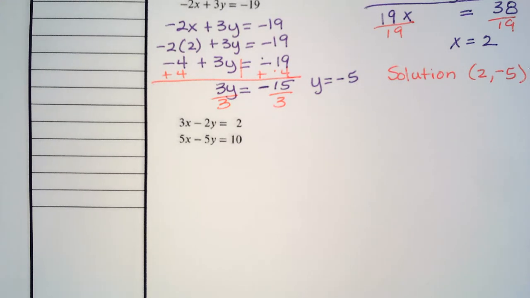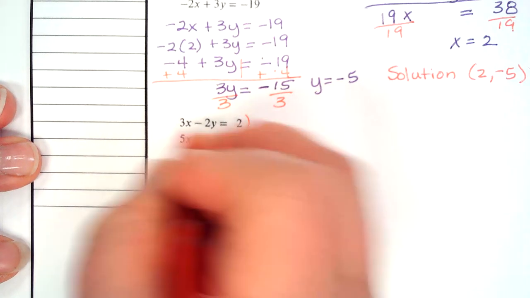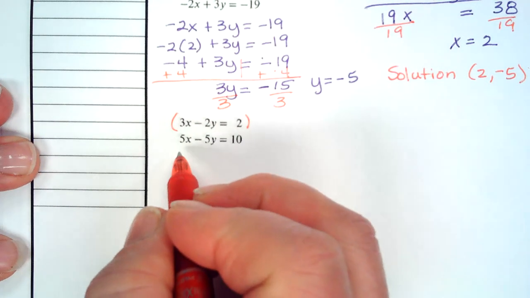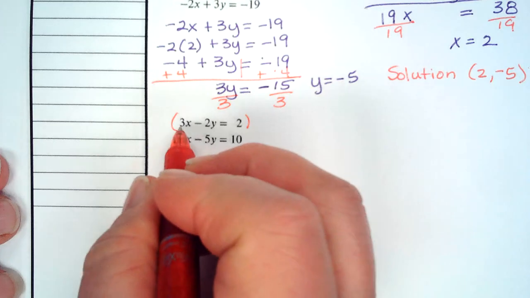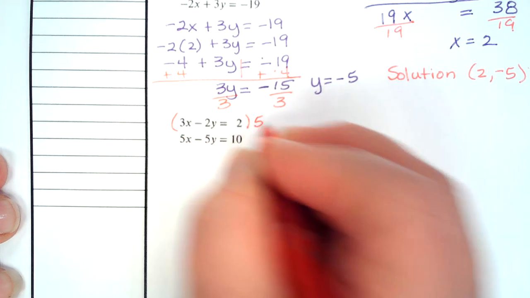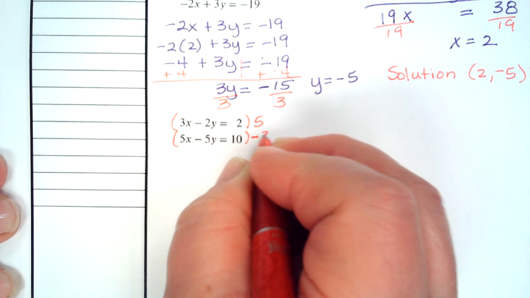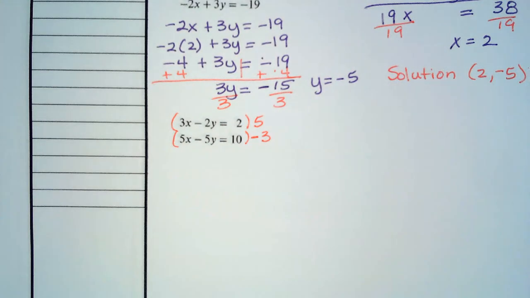I'm thinking that we will multiply, and since these are both positives, we will have to do a negative. So I'm going to multiply the first one by +5 and the second one by -3, because I'll end up with 15x and -15x.